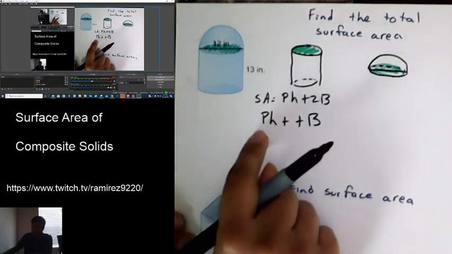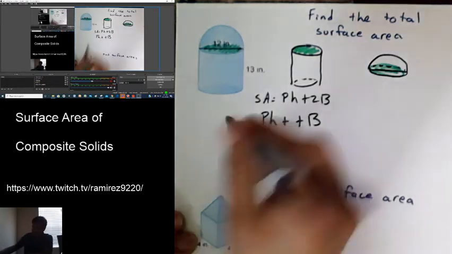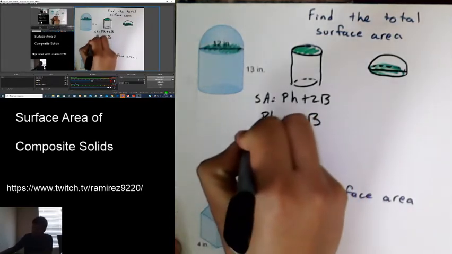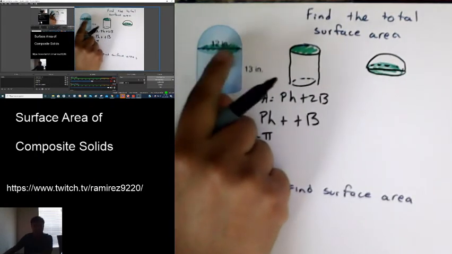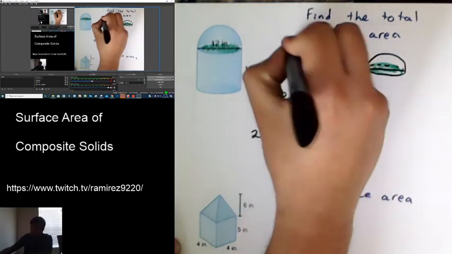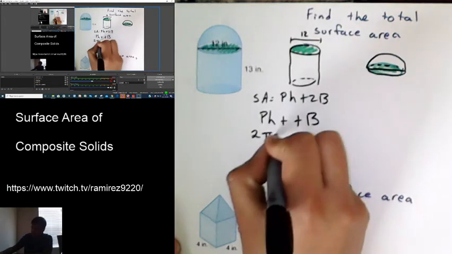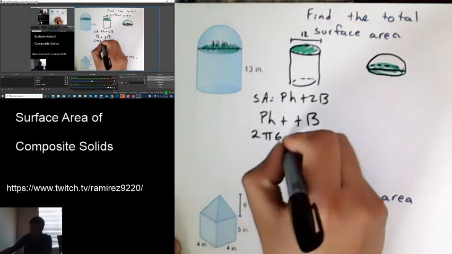So perimeter, remember in a cylinder, was 2 pi r. My diameter is 12, so my radius is 6. The height is 13.